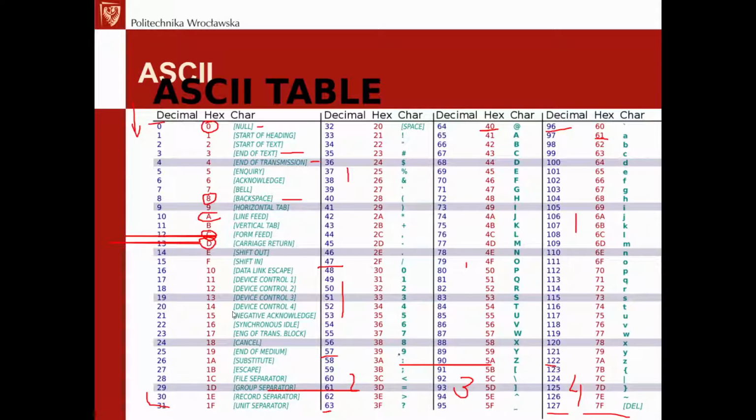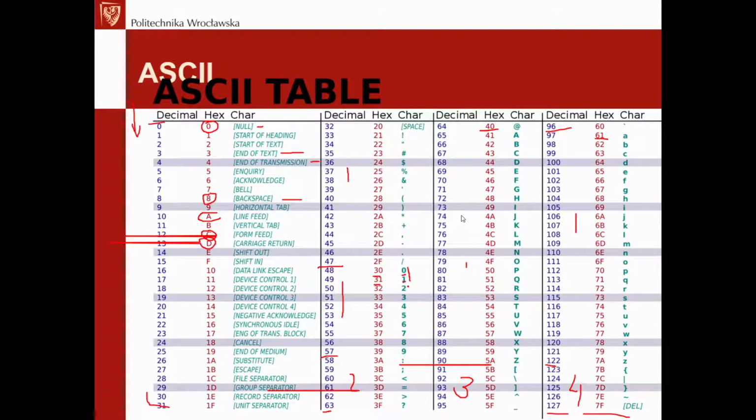Quite often we jump from binary to characters. Coding from binary to characters means adding 30, because that's the difference. So 0 binary is 30 in the ASCII table, 1 is 31, and so on. It's enough to add 30, and from binary you have a character which marks 0.